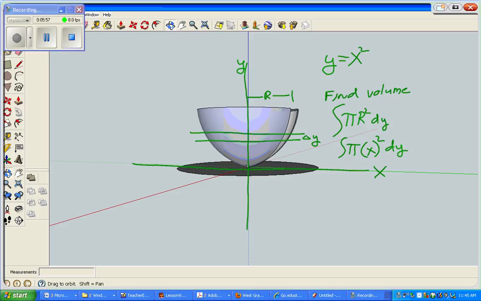So at this point, folks, I need to replace the x squared. Since y equals x squared, we'll simply replace it with y.